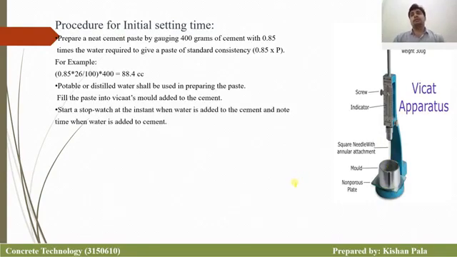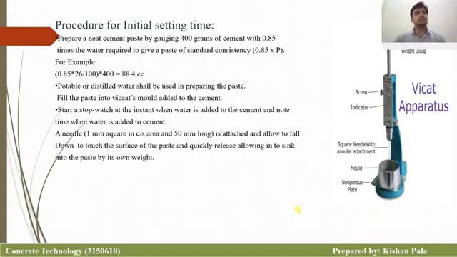And remember that when you are adding the water, you have to start your stopwatch because you have to measure your timing. Clear? So when you add the water to the cement for preparing the cement paste, you have to start your stopwatch.